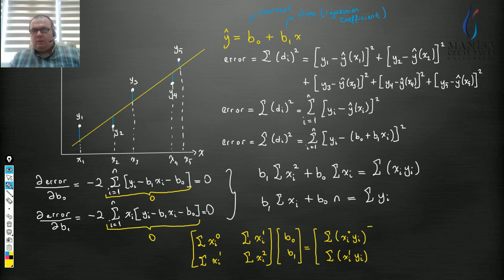Okay, this is the same thing, right? This matrix equation is the same thing as this equation system. If we multiply this matrix with this vector, we will have this vector, and we can express these equation systems by using matrices like this one.